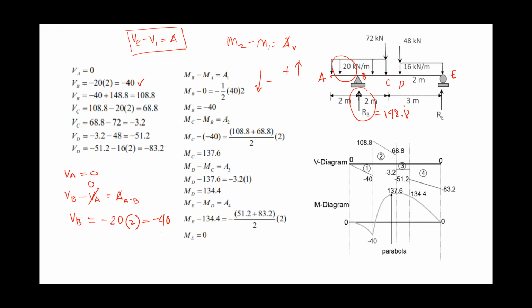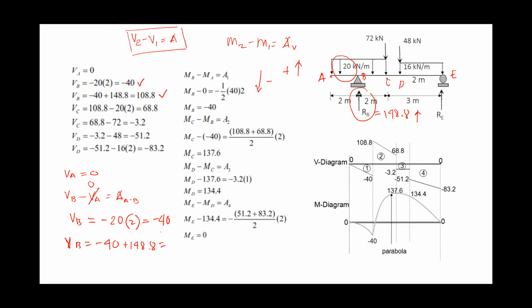Yung VB natin, which is negative 40, tapos yung 148.8, pataas yan, di ba? So, i-add natin yung 148.8. Is equal to, ito na, 108.8.